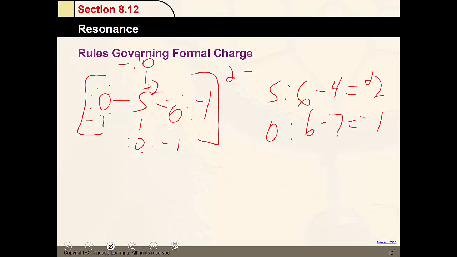So that's why we know sulfur can have an expanded octet. We are going to form some double bonds here.